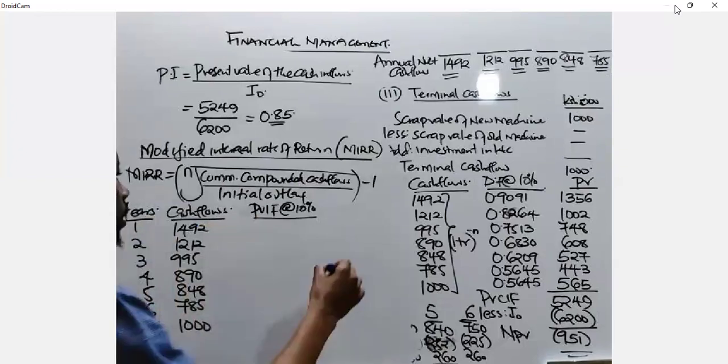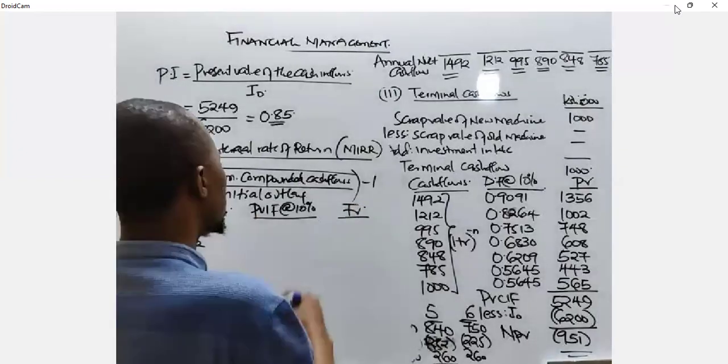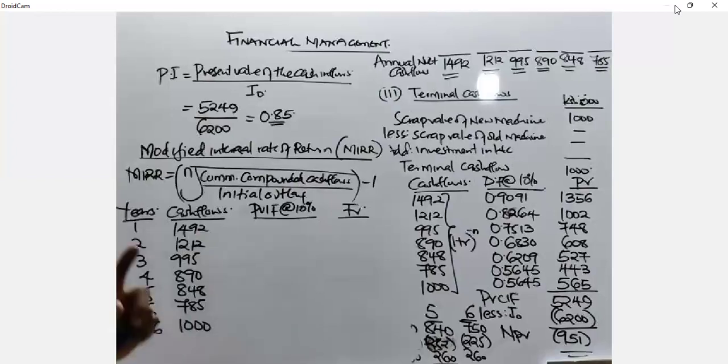Remember, when you are doing the MIRR, you have to make an assumption that the values are normally deposited at the end of the accounting period. For example, we say the money was deposited at the end of the year, unless otherwise stated. So how many periods does each require to stay in the account?